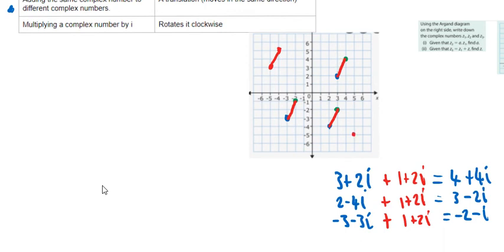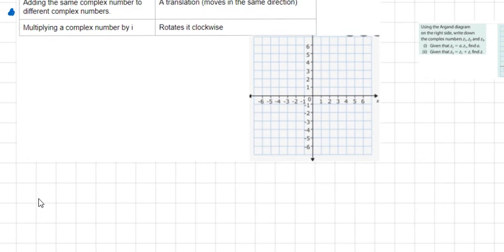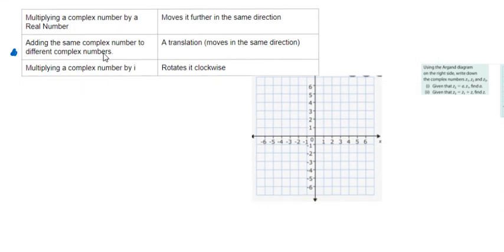If I took another one down here, it would move the same way and end up there. So that's the second one. Adding the same complex number to different complex numbers is a translation, so they all move in the same direction.